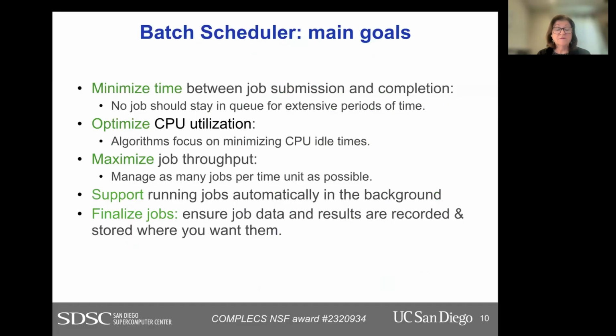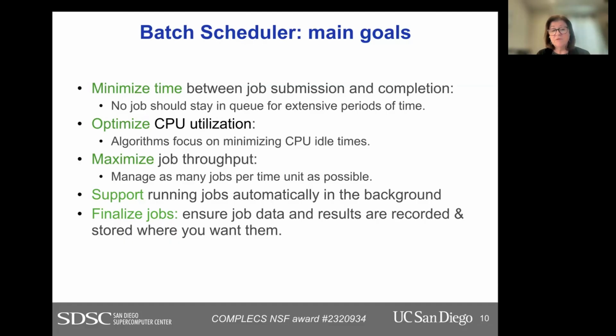The batch scheduler's main goals: minimize time between when you submit your job and it gets completed. No job should stay in the queue for long periods of time. Optimize CPU utilization so that the algorithms can maximize runtime and minimize idle time. Idle time for us is wasted time, energy, and valuable resources.